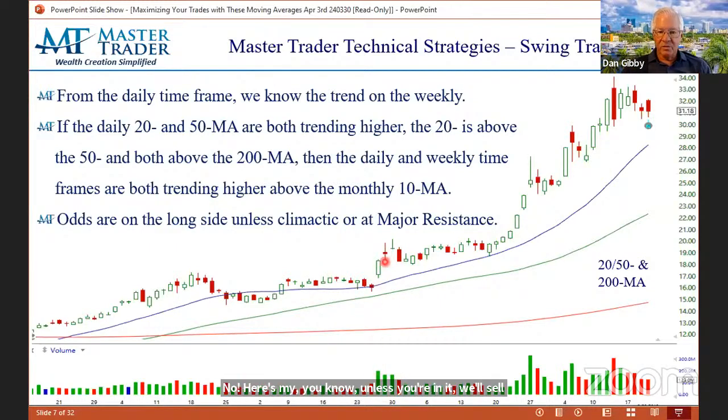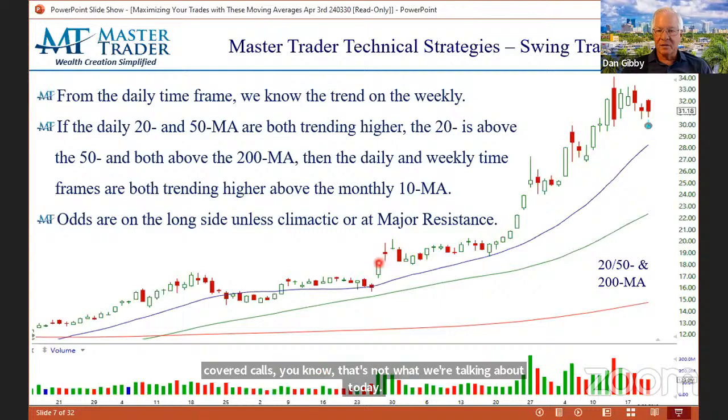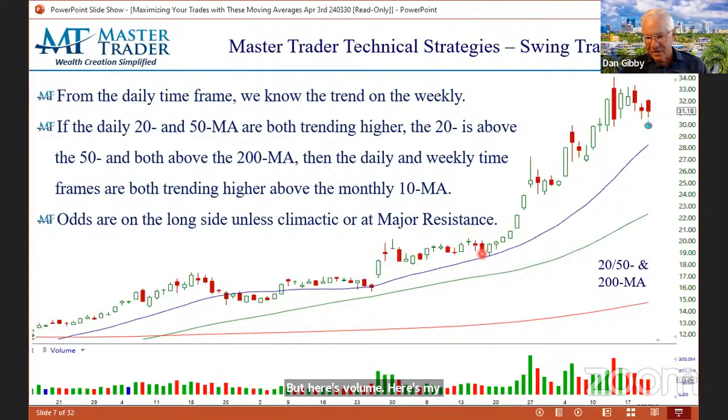But here's volume. Here's my igniting gap breakout. Here's another consolidation, and here's my breakout after a little gap negated. But see how we're using price. So when we have a strong uptrend, we want the 20 comfortably above the rising 50.